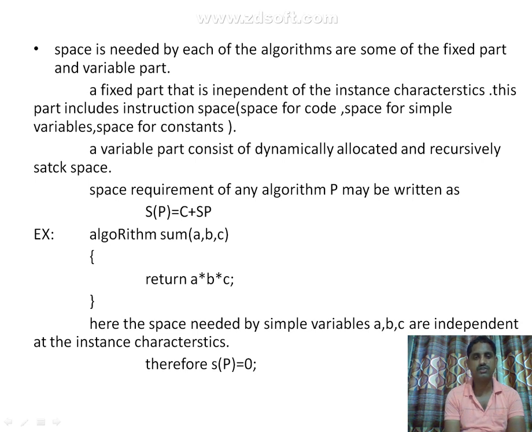Why is S_P equal to 0? Because the variables do not depend on other variables. In that way we can say S_P equal to 0. So here there are two parts: the first one is the fixed part and the second one is the variable part.